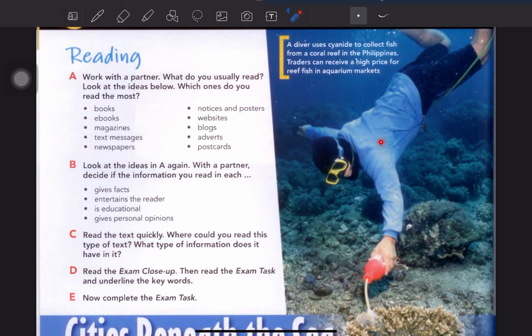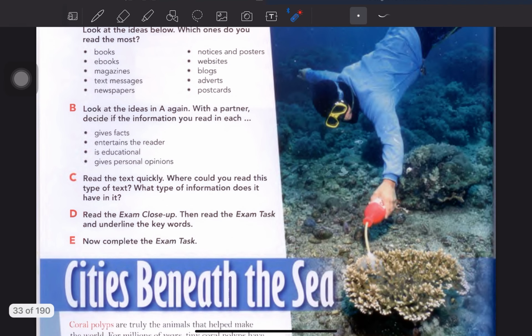So maybe this diver, later on he's going to sell the fish that he's collected to the traders. Then the traders, they are going to sell at the markets. As you know, maybe you have seen before in the movie or in the pictures, the fishes here are very nice and beautiful, colorful fishes, right?